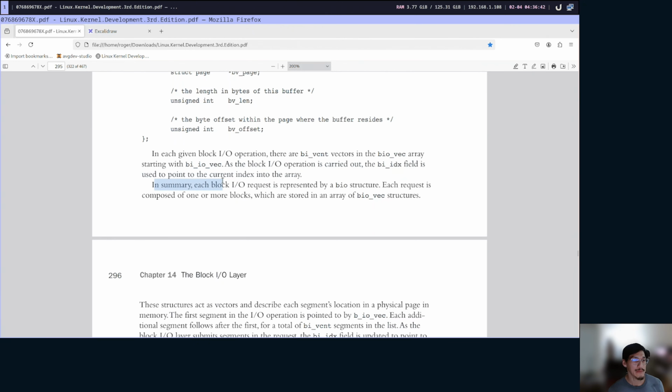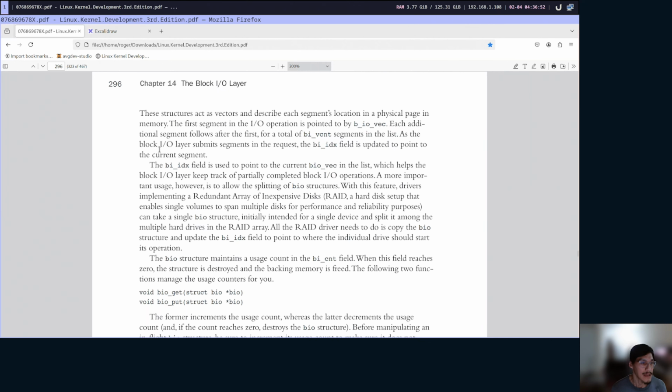In summary, each block I/O request is represented by a bio structure. Each request is composed of one or more blocks, which are stored in an array of bio_vec structures. And these structures act as vectors and describe each segment's location in the physical page in memory. The first segment in the I/O operation is pointed to by bi_io_vec.